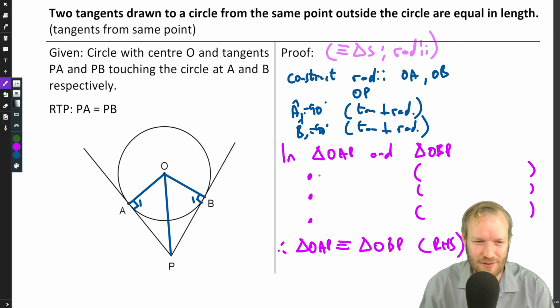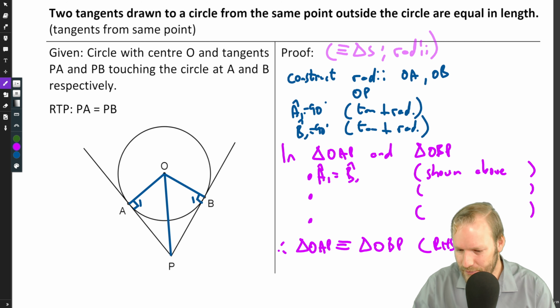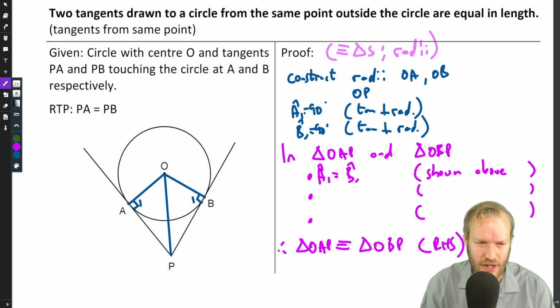A1 equals B1, which we showed above, so I'm just going to say shown above. Then the hypotenuse: OP is equal to itself because it's a common side.